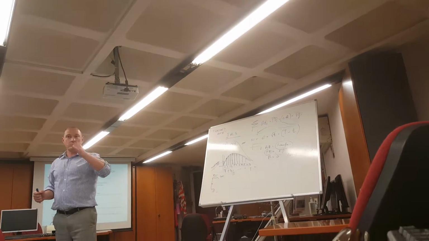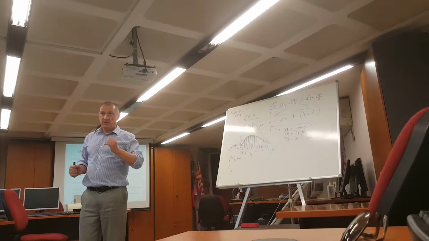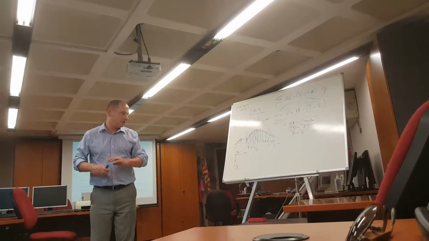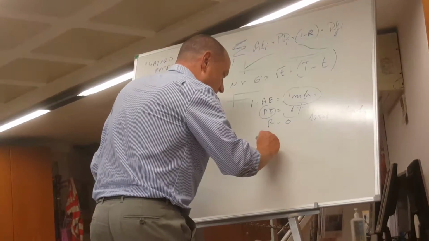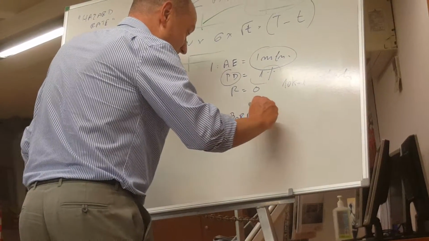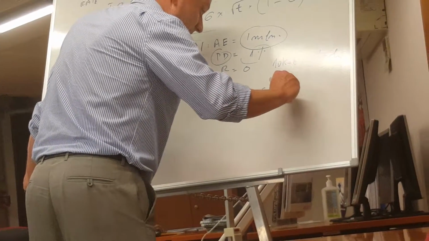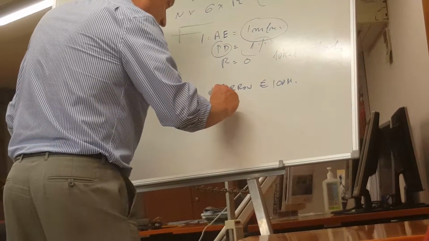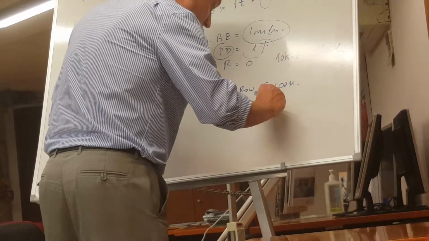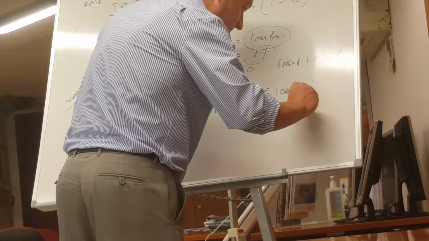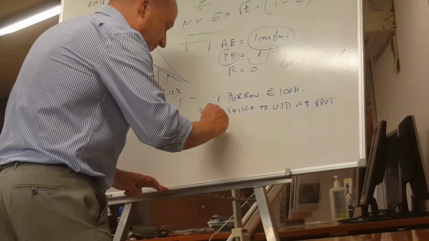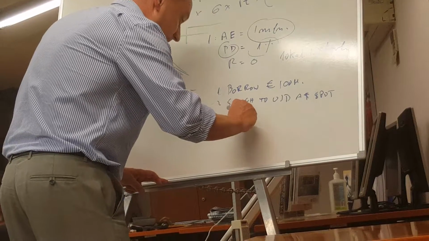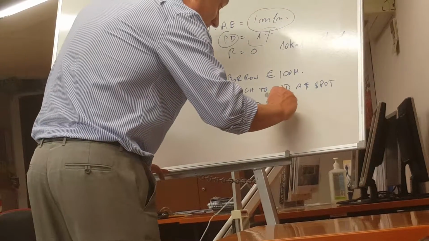I switch it to USD at today's exchange rate. So, step one, borrow 100 million euros. Two, switch to USD at spot. It's called the spot rate. Three, put USD in bank.